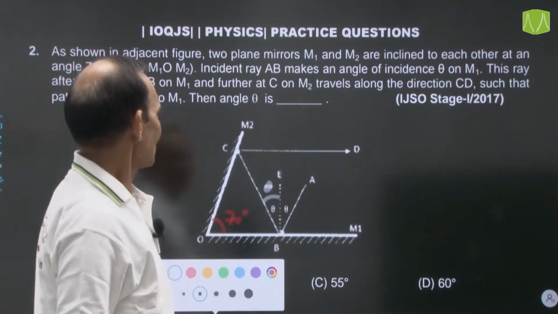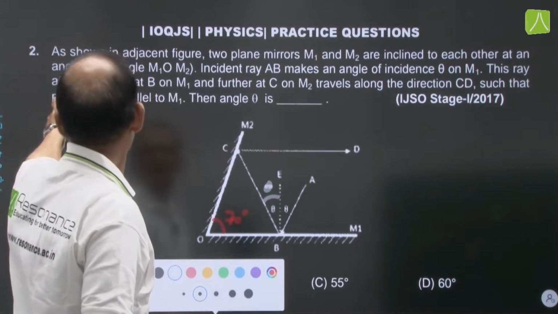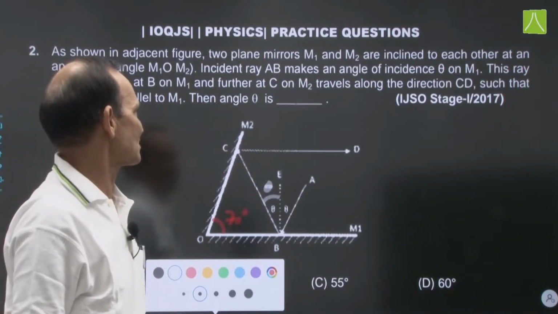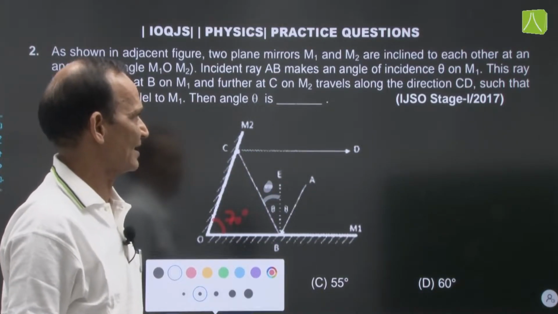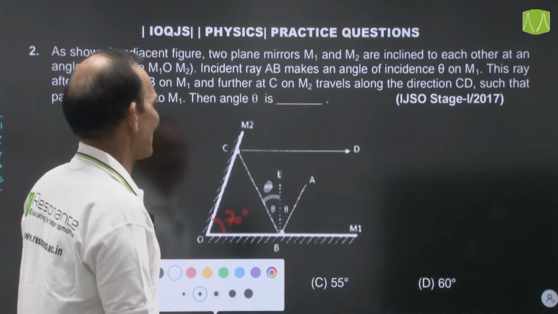This ray, after reflection at B on M1 and further at C on M2, travels along the direction CD such that CD is parallel to M1.